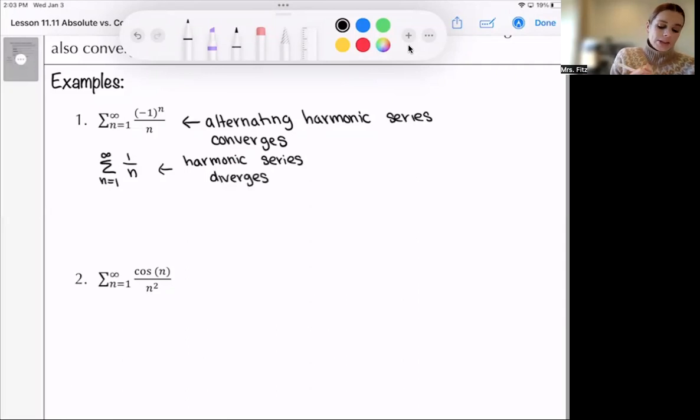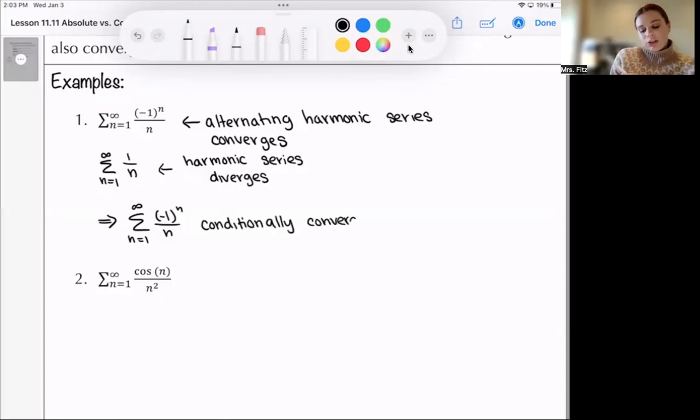Okay, so for this one, we could say that the sum from n equals 1 to infinity of (-1)^n over n is actually just conditionally convergent. It's conditional on the fact that those terms alternate in sign.